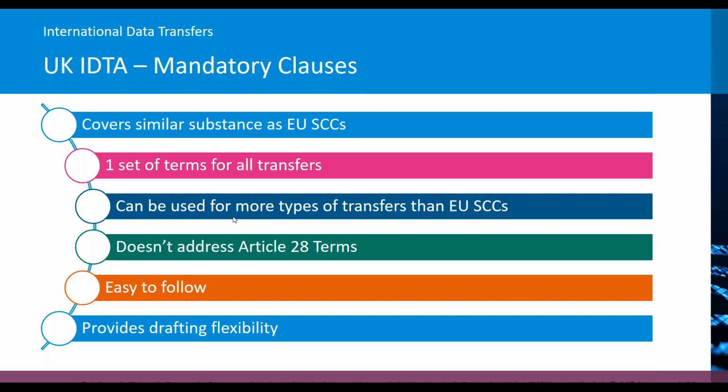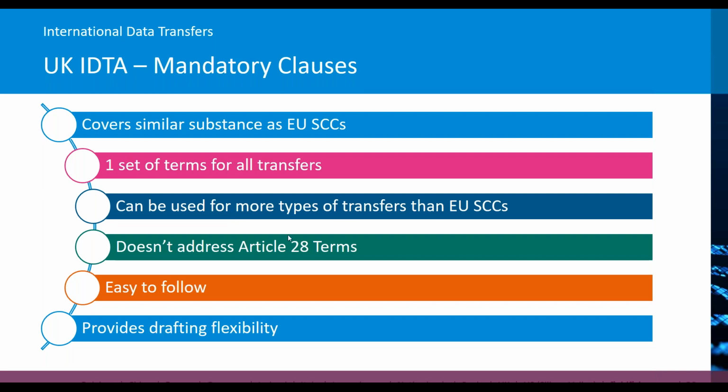To expand on that example, one way in which it could be lawfully asked to transfer data to an entity that isn't its processor or its controller might be if it's being asked to transfer the data to another processor of its controller. In that scenario, it could be covered under the UK IDTA, but wouldn't obviously be covered by one of the modules under the EU SCCs. So it can be used for more types of transfers.